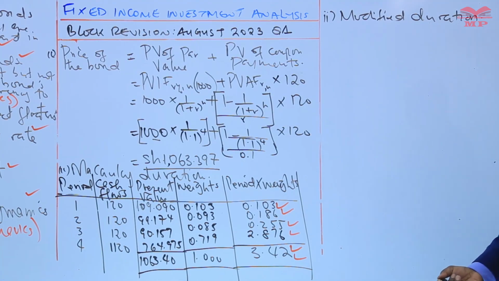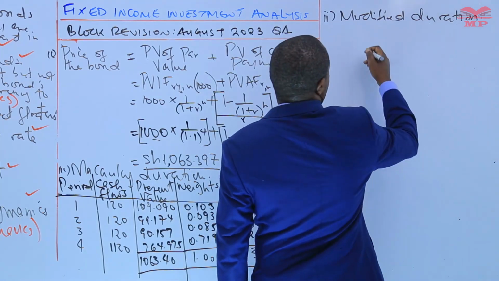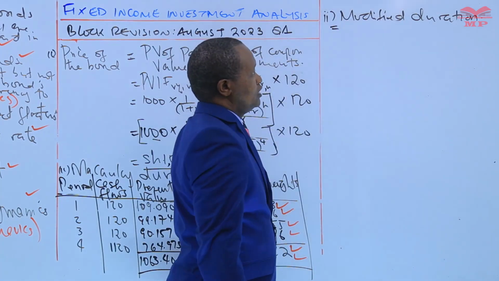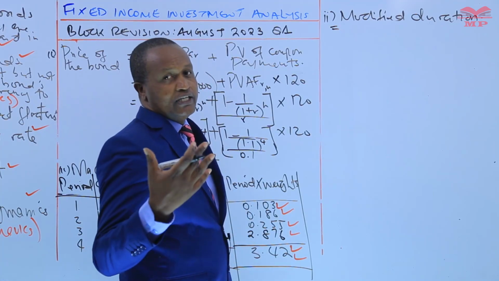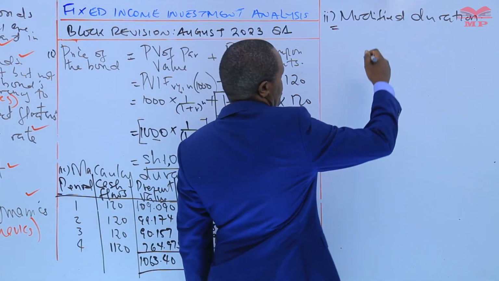That is to say that modified duration is determined by dividing the Macaulay duration.